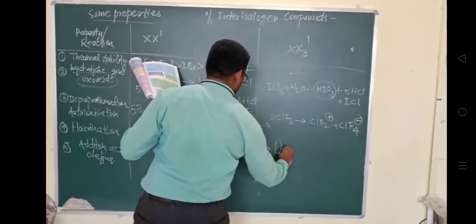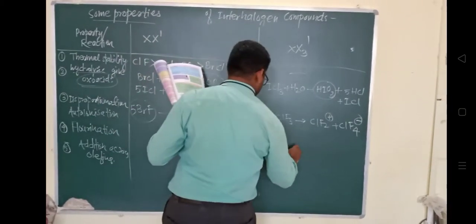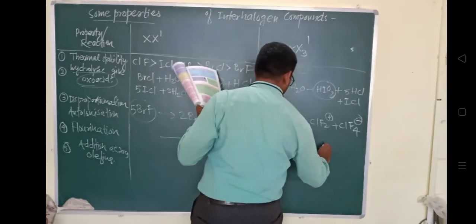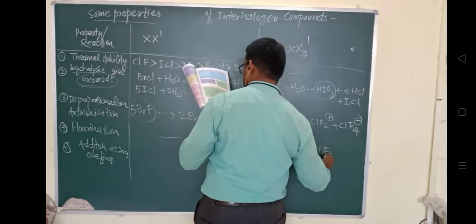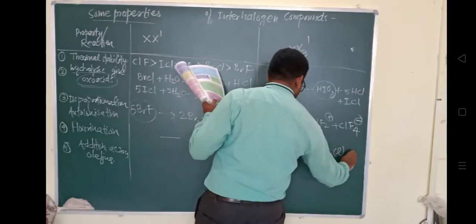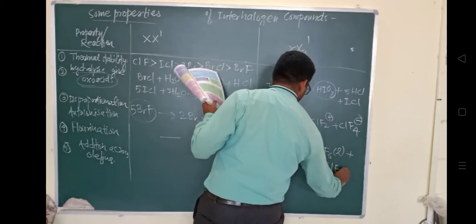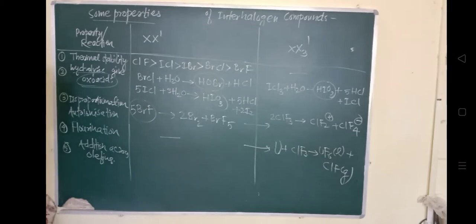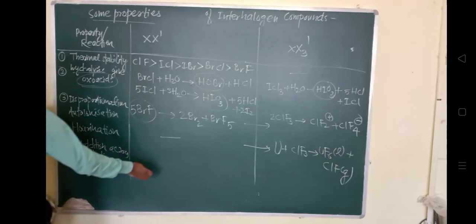Okay, and the addition across the olefins, yes, in case of X type, its addition to the olefins is like this. When this ethene is getting reacted with ICl, that is iodine monochloride, it is forming the compound like this.